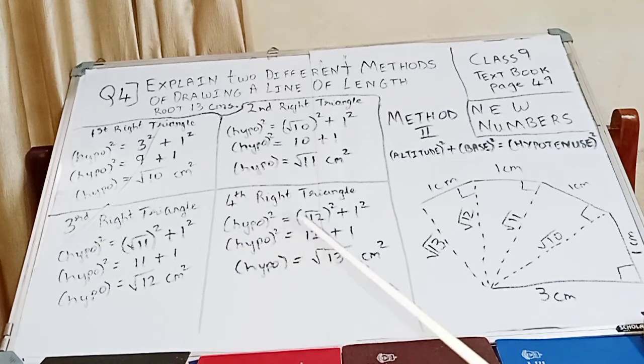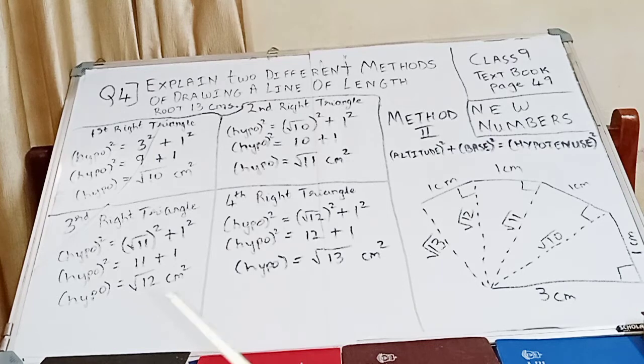Now when you go to the fourth right angle triangle, you have square root of 12 as the base and 1 centimeter as the height or the altitude. So you will substitute this in the Pythagoras theorem. You don't know the hypotenuse, so you will substitute the value you got from the third right angle triangle.